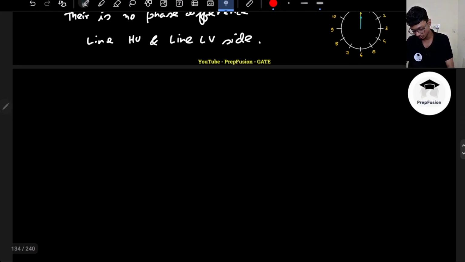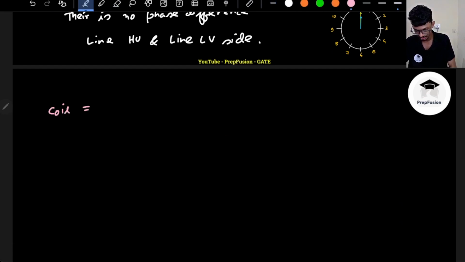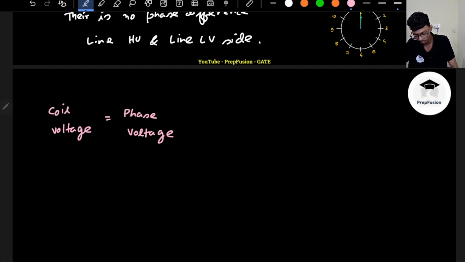So the first point to note here is, in star connection, the coil voltage equals the phase voltage.